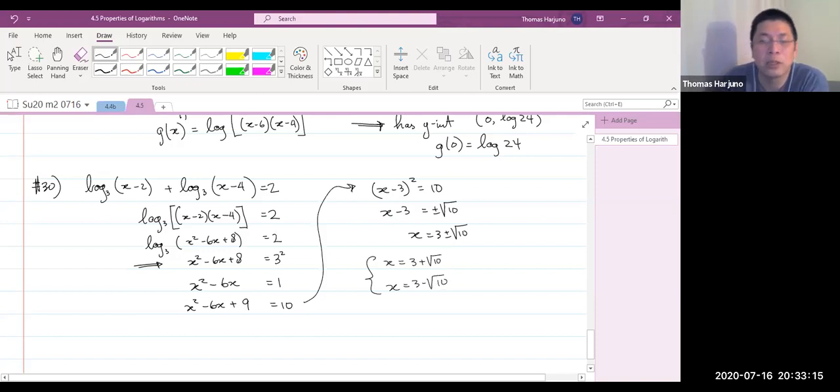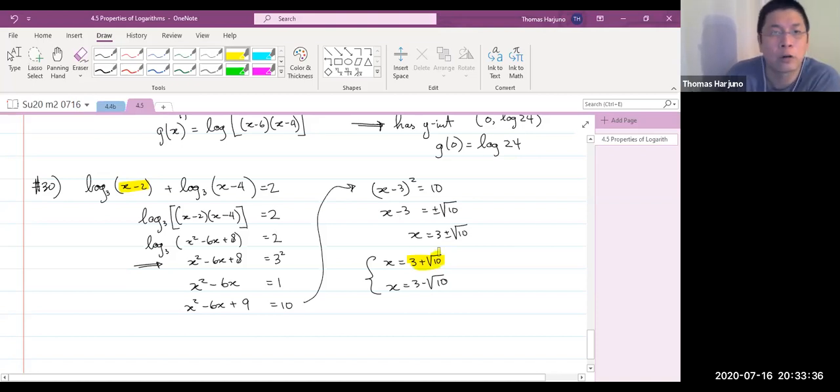Now notice that the first part is already positive. It's greater than 2, right? So when I plug into x minus 2, that will still be positive. And 10 is more than 1. It's actually 3 point something.